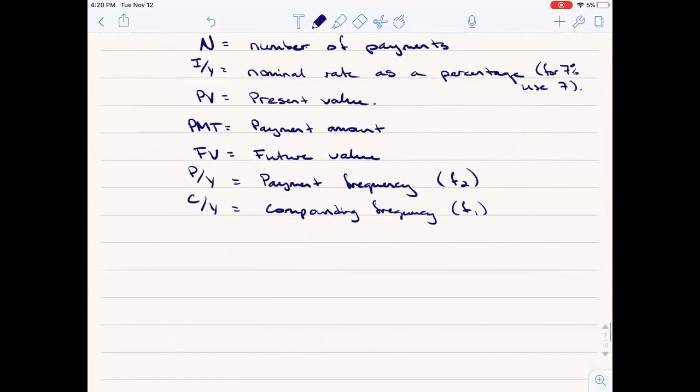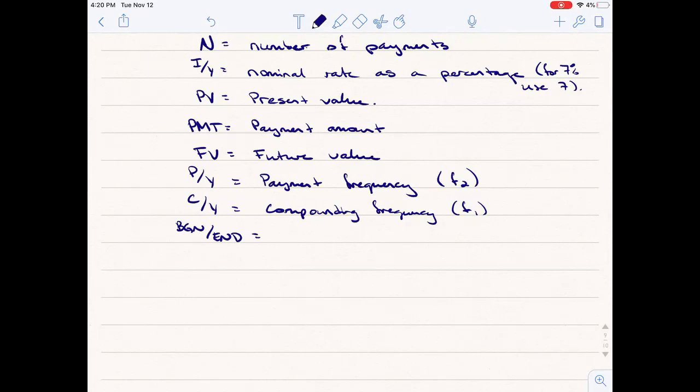And then the last option that we listed was the beginning or the end mode. Now that we know a little bit more about annuities and knowing that we could make payments at the end of the month or at the beginning of the month, for example, then we're going to be able to adjust for that in our calculator, right?